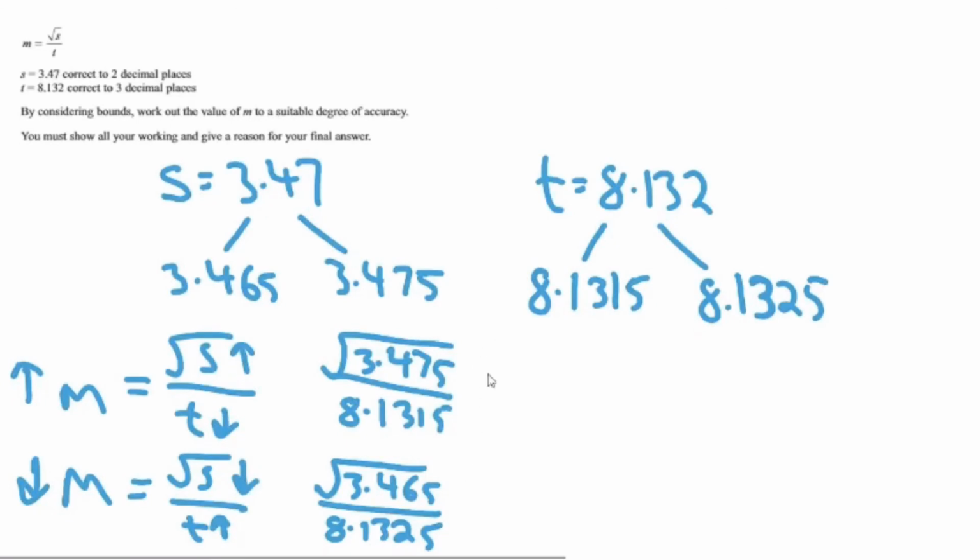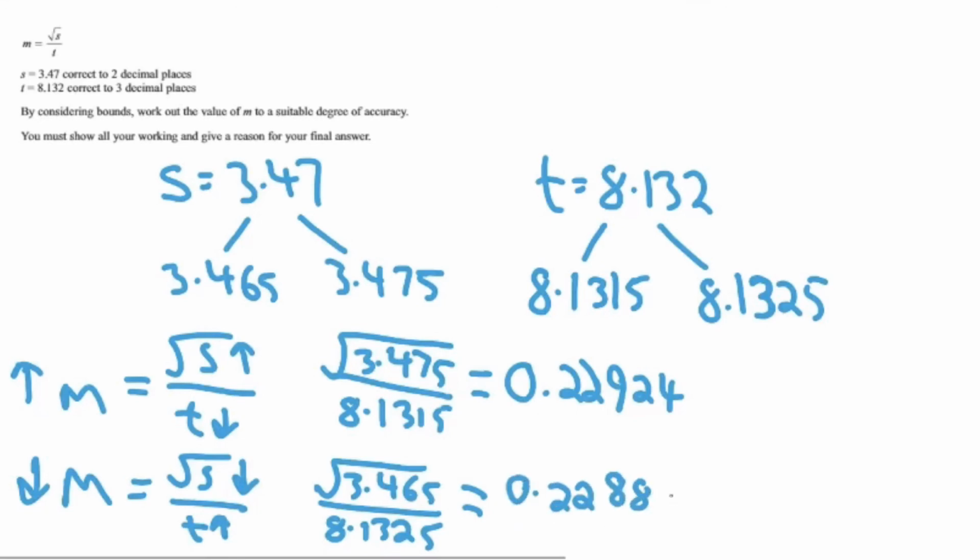And if you do that, for the first, you'll get approximately 0.22924, just to do it to, say, arbitrarily 5 decimal places. We're going to round more in a second. And for the second one, we would get 0.22889.